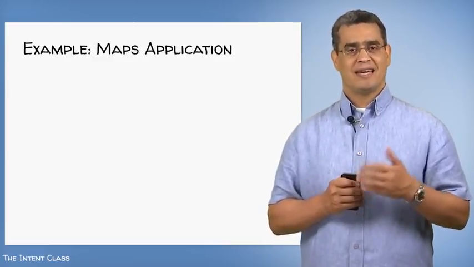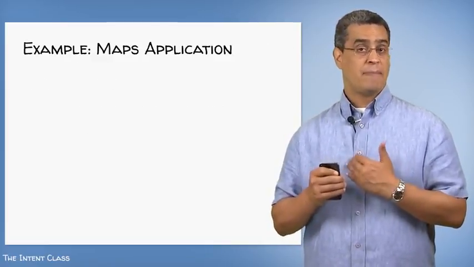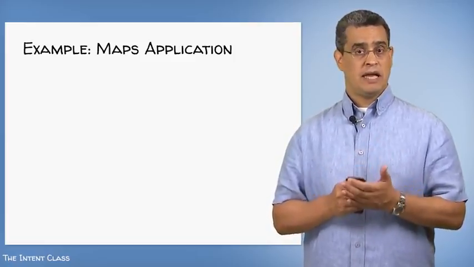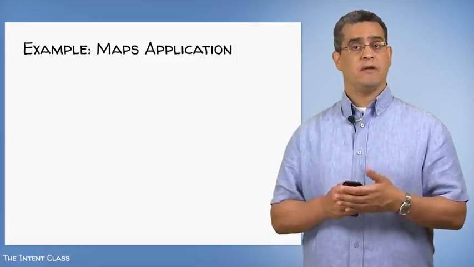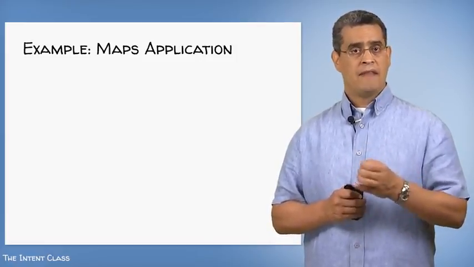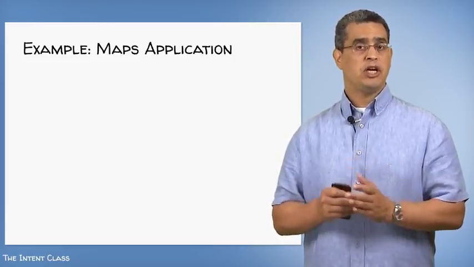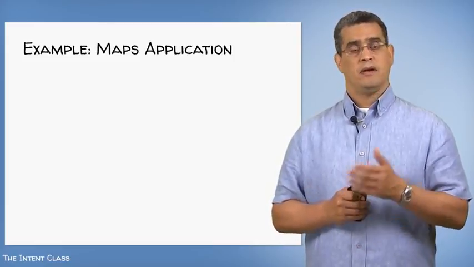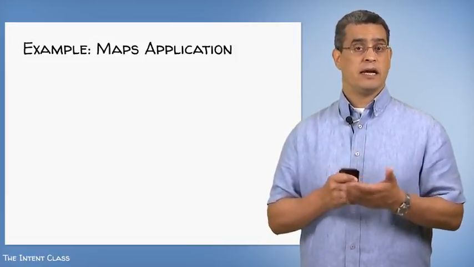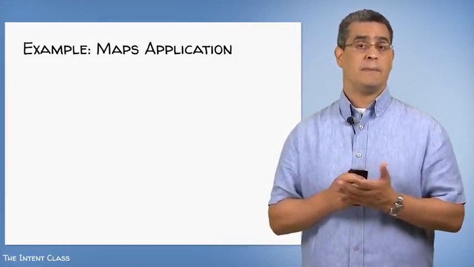Now, we can guess or imagine, based on those map location applications we saw before, that Google Maps can handle intents that have an action of intent.ACTION_VIEW and that have a data field with the geo scheme. Now, a while back, I decided to take a look at the AndroidManifest.xml file for the Google Maps application.